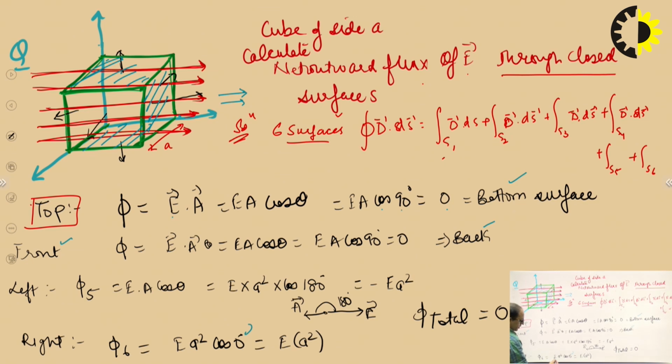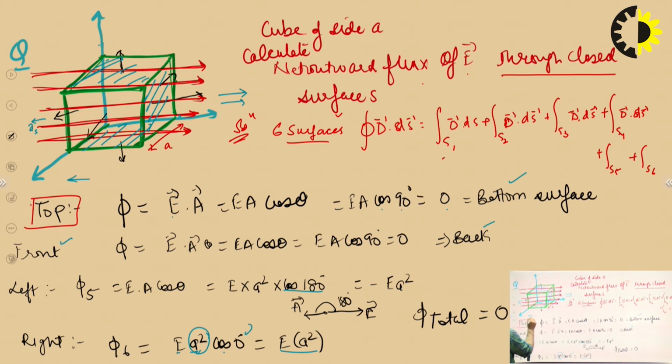So E times the area of the surface is E A square cos 0, which comes out to be E A square. And for the left surface, the surface unit vector is in this direction and the field lines are passing through this. Both will be at an angle between these two.